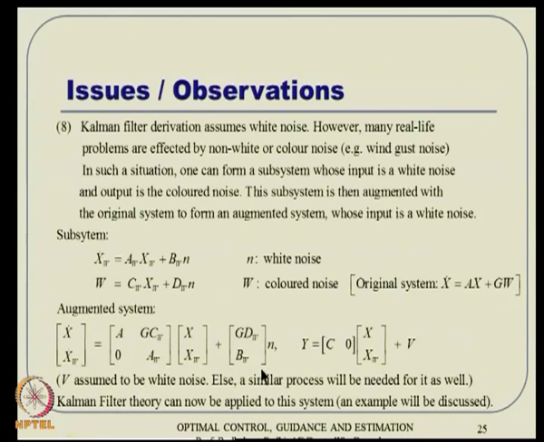You can put that in the state space form and then carry out the algebra. Now, if you do that, the Kalman filter theory can be applied to the entire augmented system. This is typically called the shaping filter idea.